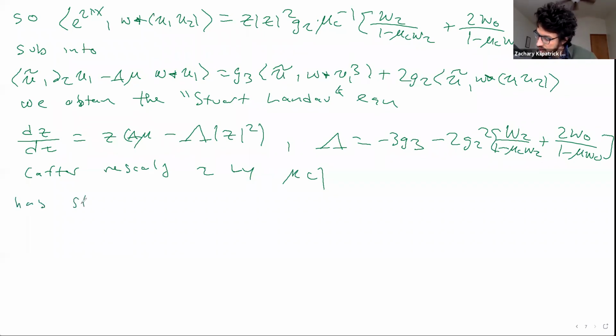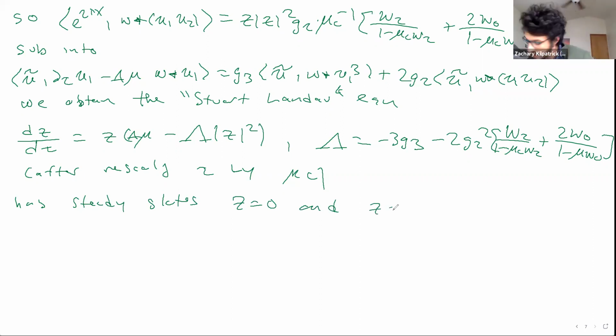It has steady states, z equals 0, and z equals the square root of delta mu over lambda e to the I theta in this case.